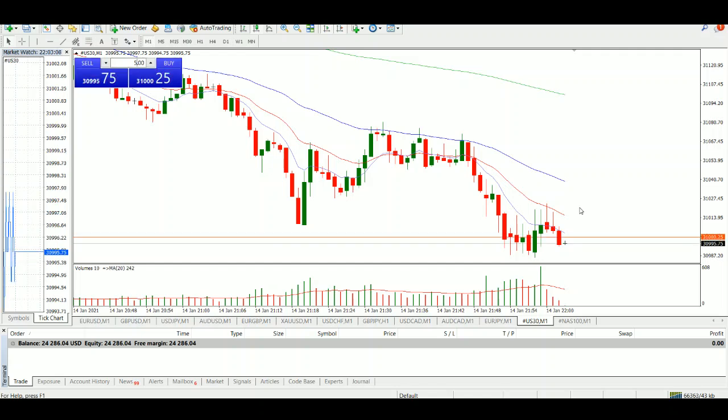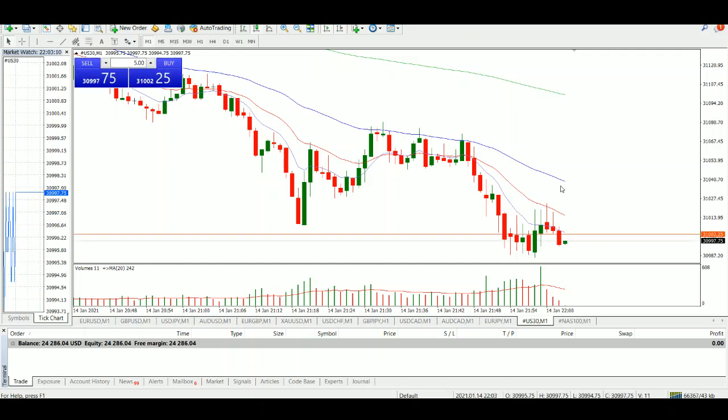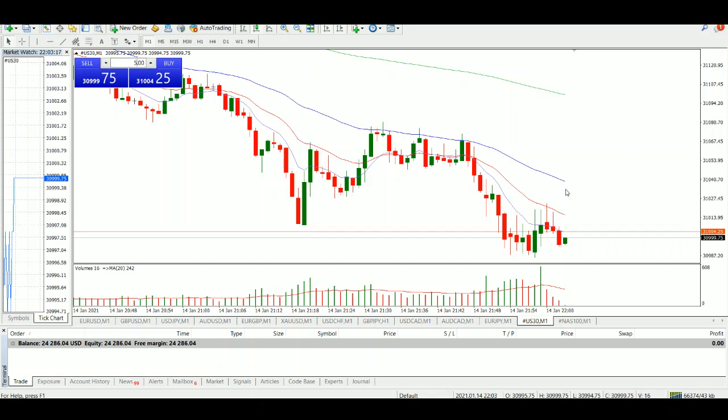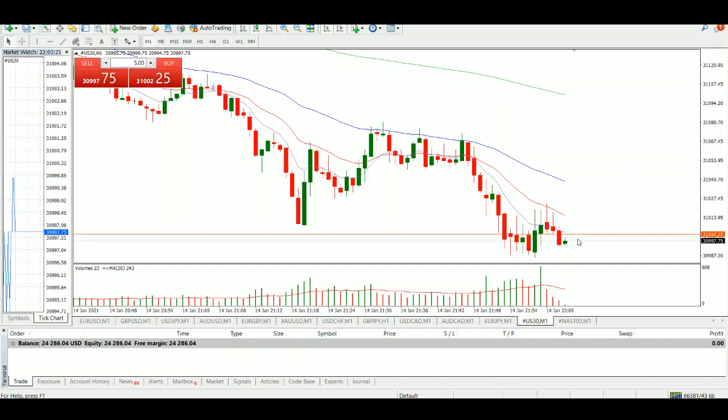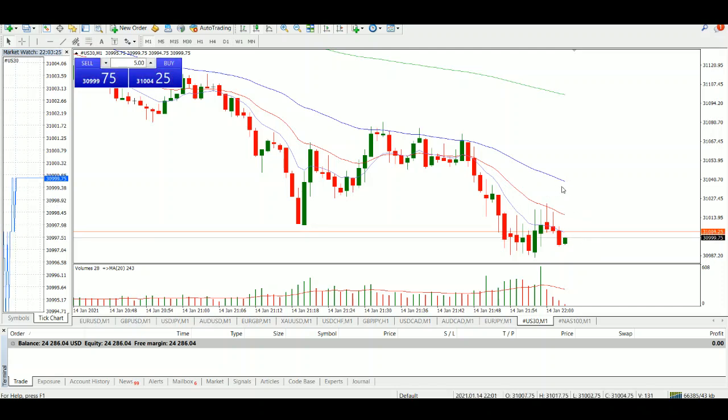So I am still waiting for the price to retrace toward this area to start selling from there. If the price continues this downtrend from here, I will wait for the second retracement, for the next retracement also in this area to start selling again. And that's how it works.